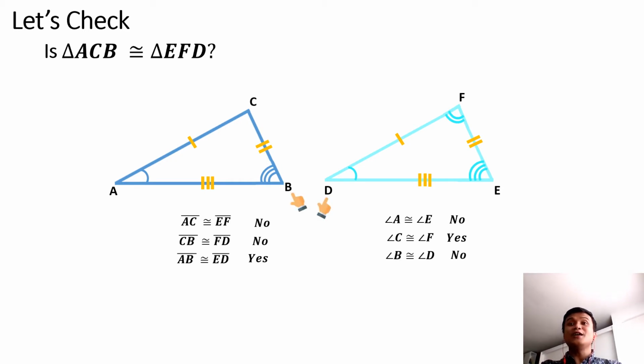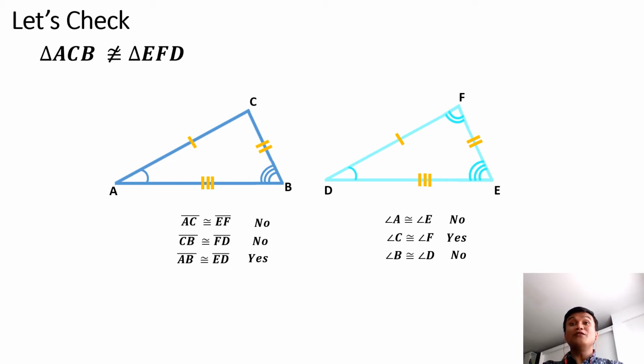The answer is no. All the corresponding parts of two triangles must be congruent before we can say that two triangles are congruent. Their three corresponding sides and three corresponding angles must be congruent to each other. In this case, only one side and one angle of the two triangles are congruent. That's why triangle ACB and triangle EFD are not congruent.